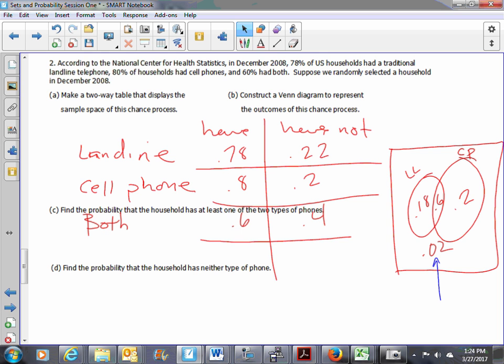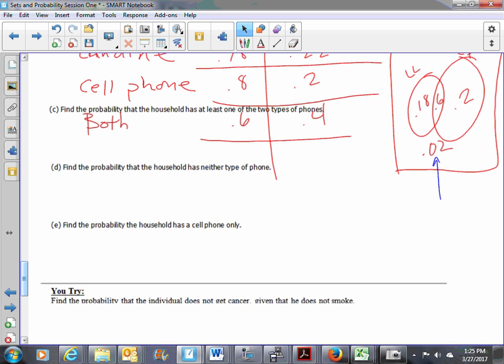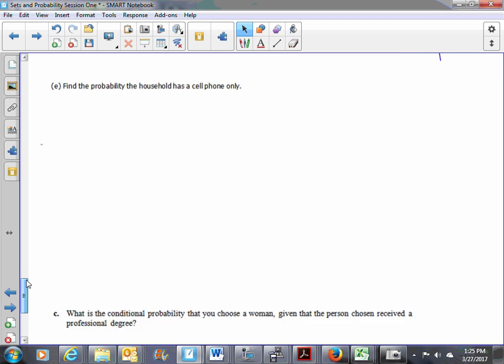Find the probability that the household has neither type of phone. Well, that's 0.02. And finally, find the probability the household has cell phones only. That would be 20%. And we're finished with that one.